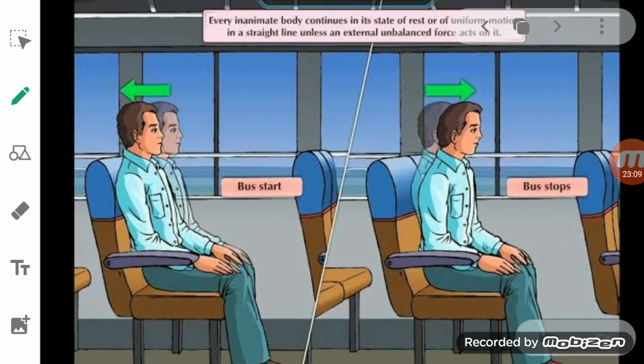Before that we were talking about inertia of rest, and now we will talk about the inertia of motion. So here the second part of Newton's law is that an object, if it is moving in a straight line, will not change its uniform motion unless an external force is applied on it.